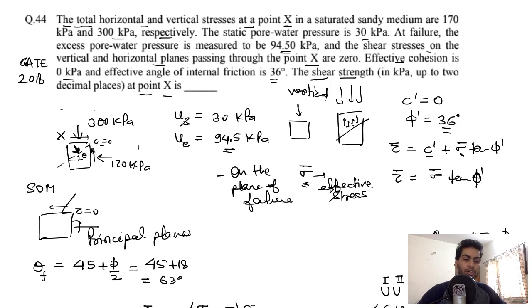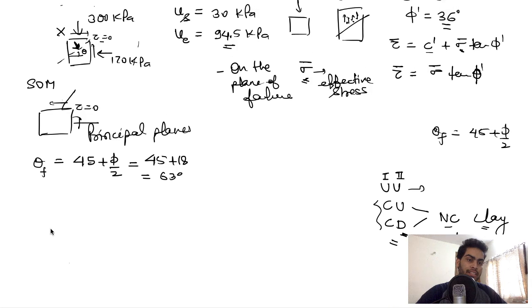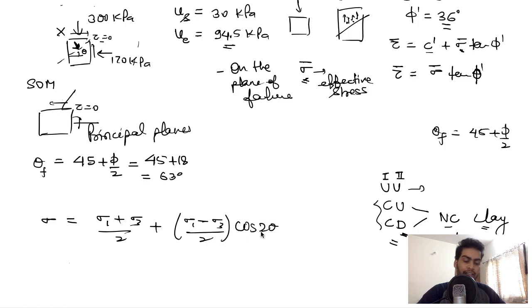Now for that also we wrote a relation. We know the normal stress on any plane inclined at theta is given as (sigma 1 plus sigma 3)/2 plus (sigma 1 minus sigma 3)/2 cos 2 theta. Now sigma 1, sigma 3 and theta are all known to us, so we can find this normal stress sigma on the plane of failure.